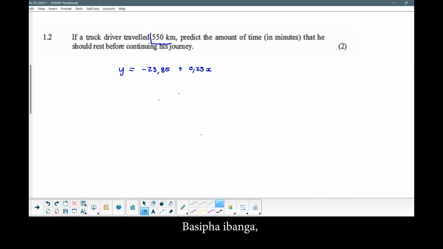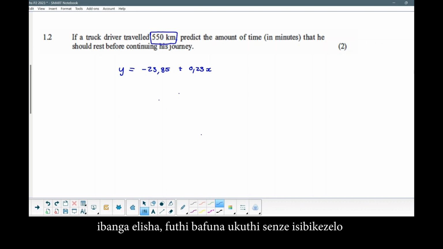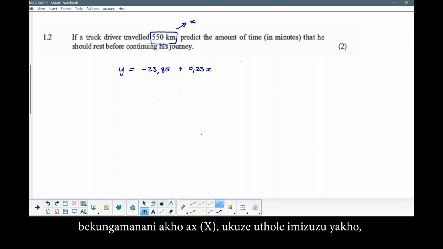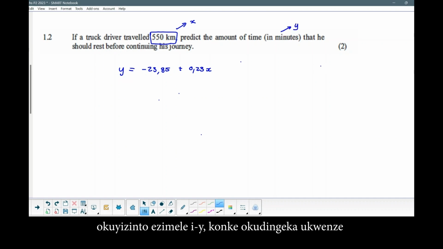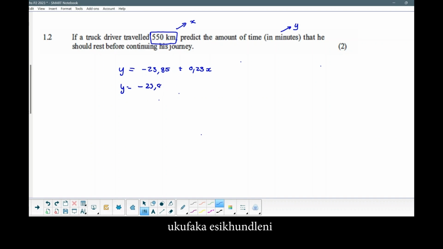They're giving us a new distance, and they want us to predict using our regression line what his rest time should be. Because your distance was your x values, in order to work out your minutes, which is your y value, all you have to do is substitute 0,23 times 550.